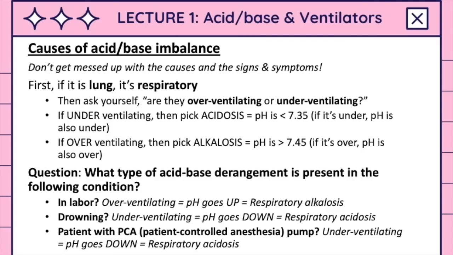So a lot of times diarrhea will cause a metabolic acidosis. But once you get acidotic, it will shut your bowels down and you will get a paralytic ileus. Do you see? Diarrhea caused it, paralytic ileus results from it.